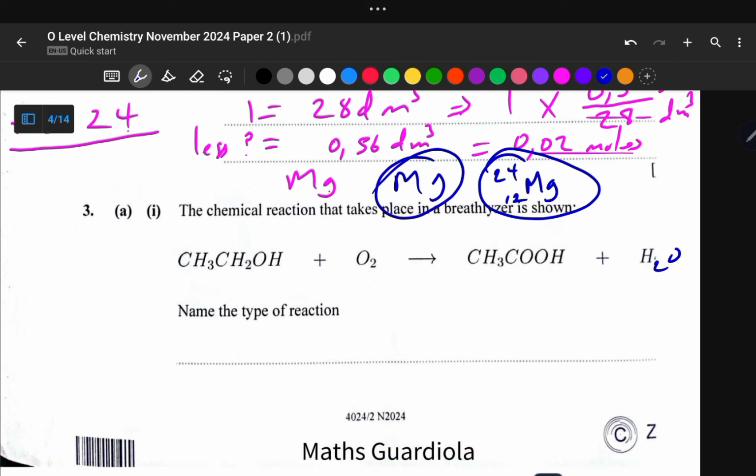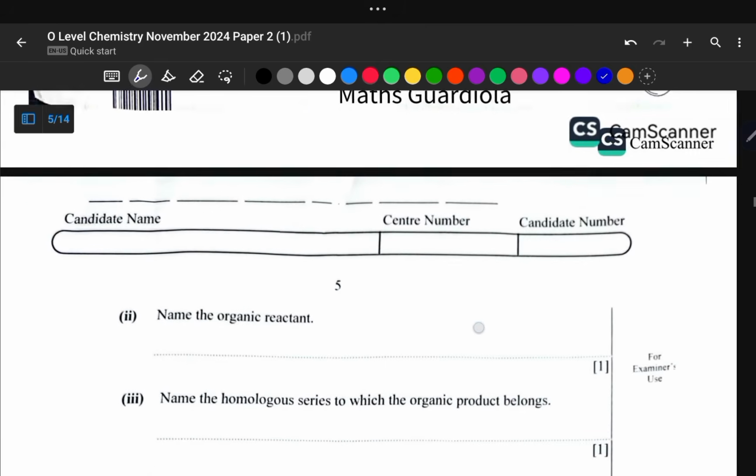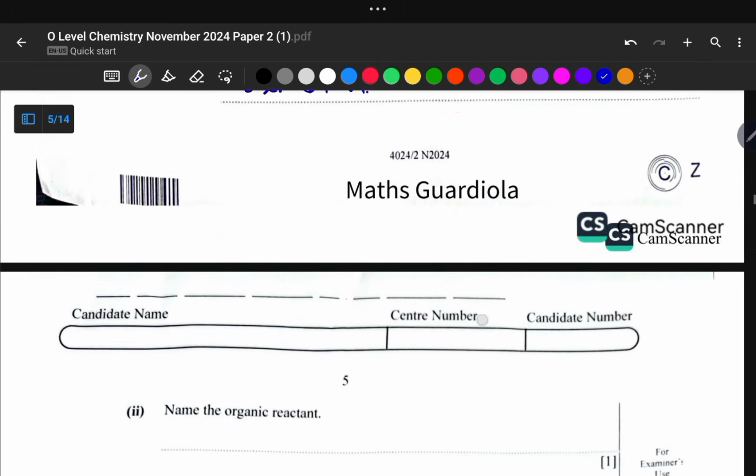So this one is not a combustion reaction, it is an oxidation reaction, right? So oxygen should be in square brackets to show that it is not a combustion reaction, it is an oxidation reaction. So this is the oxidation reaction, right?